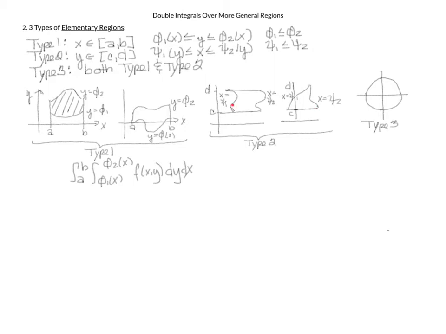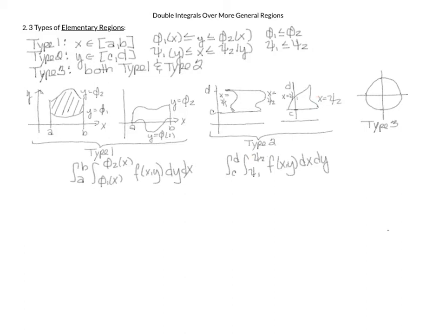Then x travels from phi1 to phi2. And then over here, x travels from phi1 to phi2, and you get your entire domain. And you can see then when you have your integral set up, you have y going from c to this top point d, and then your x goes from phi1 to phi2.